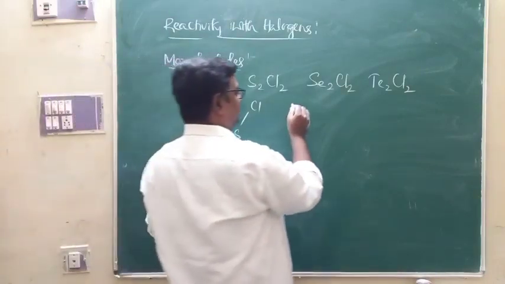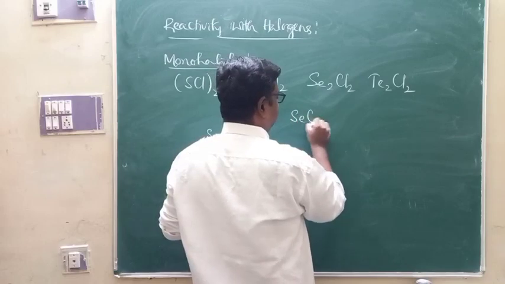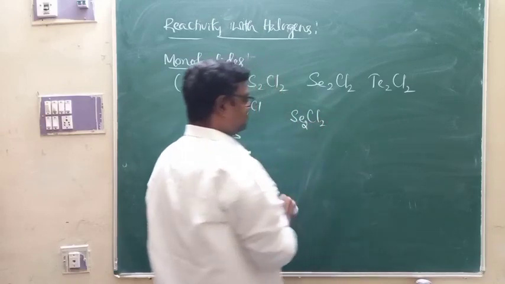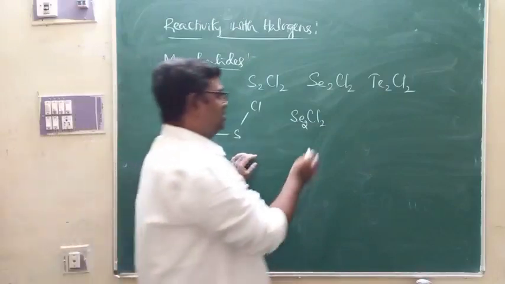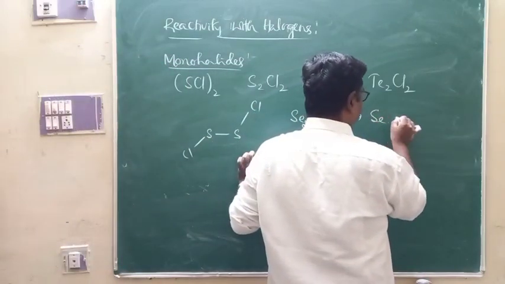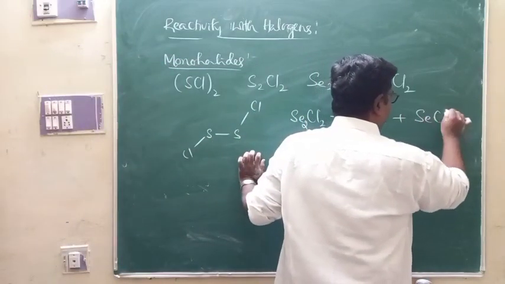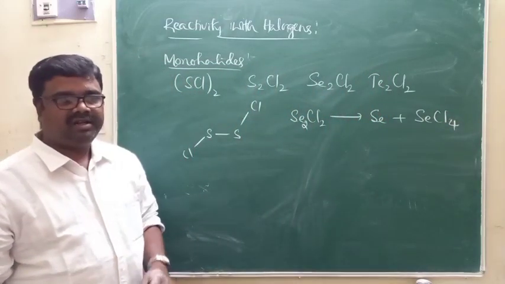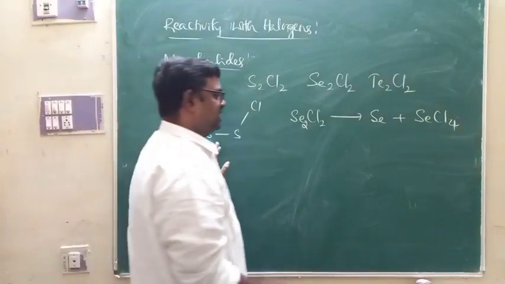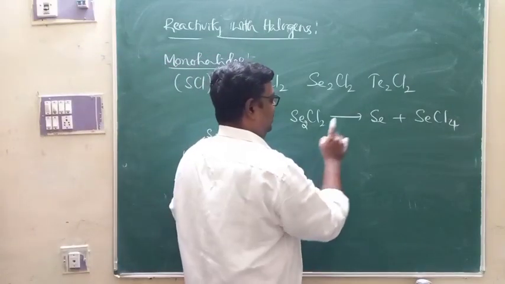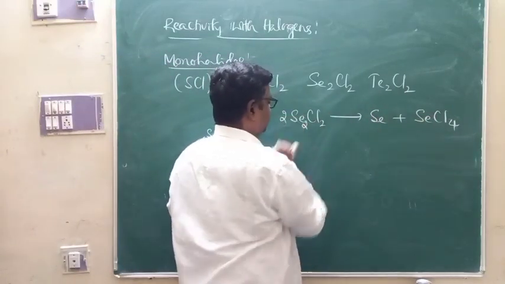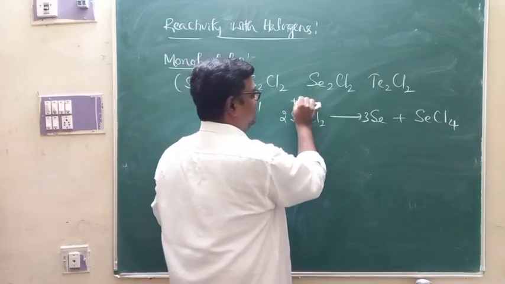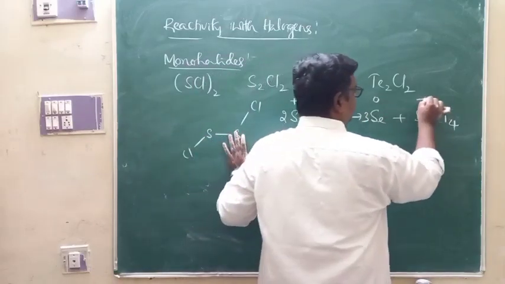And of course, when they are in the form of dimers, they undergo disproportionation to form Se and SeCl4. Disproportionation, the reaction where one species undergoes oxidation as well as reduction. ಹೌದಾ? ಇಲ್ಲಿ SeCl4 ಇರೋದ್ರಿಂದ 2 ಹಾಕ್ತೀನಿ, ಈಗ 4 ಆಯ್ತು. This is 3Se. ಇಲ್ಲಿ ನೋಡಿ, Se is in plus 1 state, here it is in 0, here it is in plus 4.